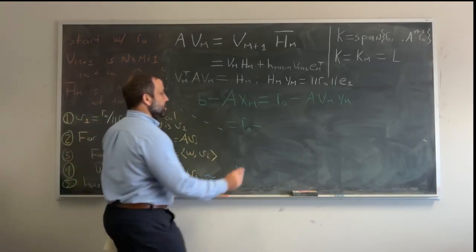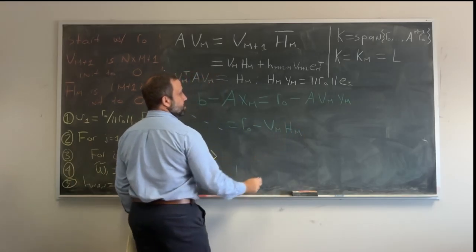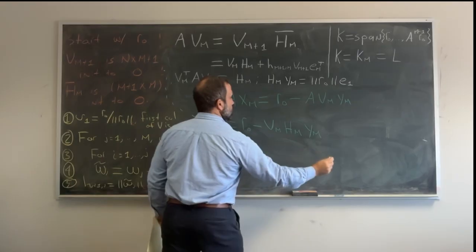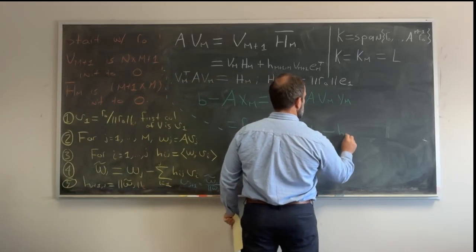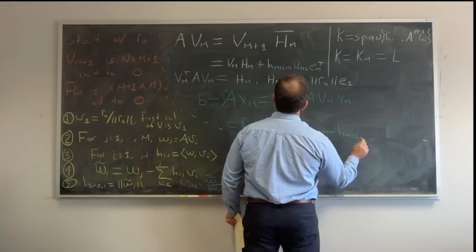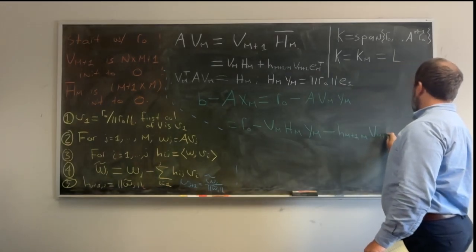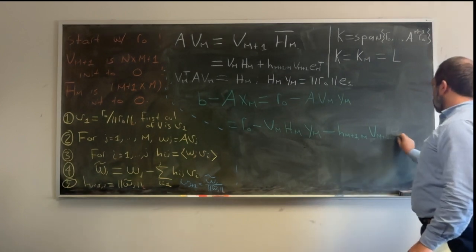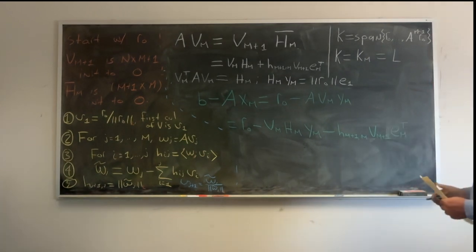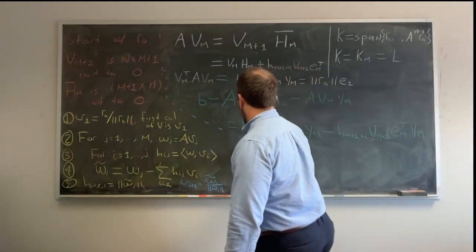So we're going to have VM HM times YM minus this, HM plus 1, M, VM plus 1, EM transpose times YM. Okay. But look at what's going to happen here.